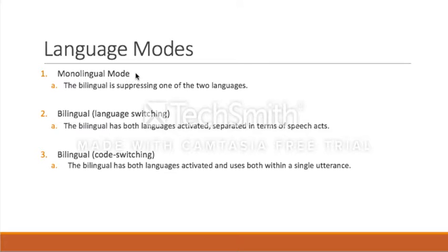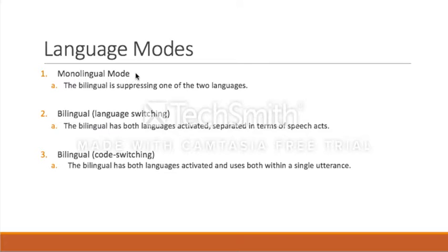So again, language switching is when there's a pause between the language switch, and it doesn't have to be a very long pause, but a very short pause. So again, think of it on the sentence level. If the bilingual is saying something in a sentence and the entire sentence is in one language, and then the following sentence is in a different language, we're going to consider that language switching.